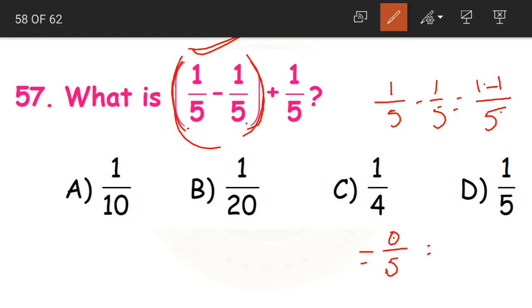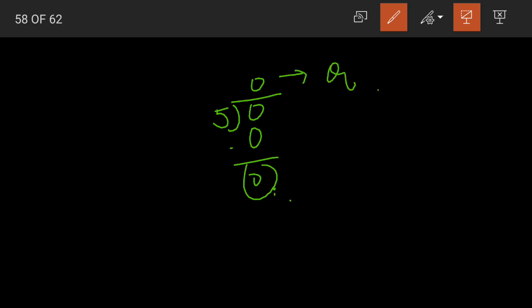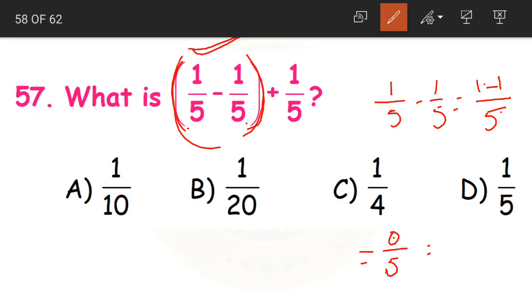What is 0 divided by 5, children? See, 0 divided by 5. 5 zeros are 0 when we subtract. 0 is our remainder. What is the quotient here? The quotient is 0. So 1 by 5 minus 1 by 5 is nothing but our 0.